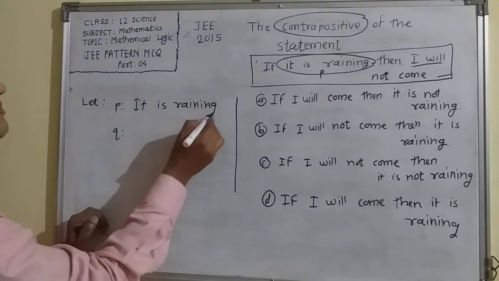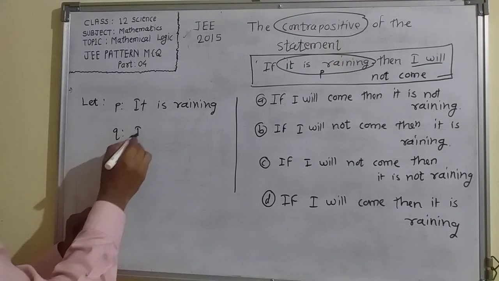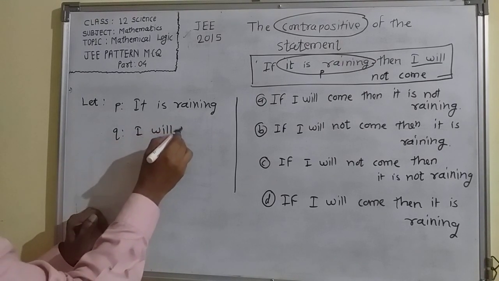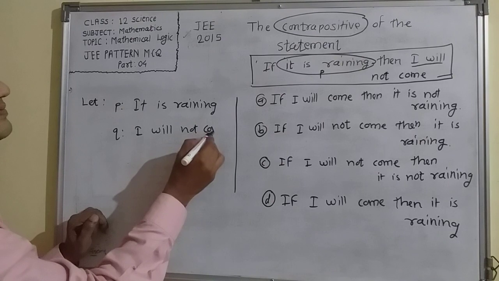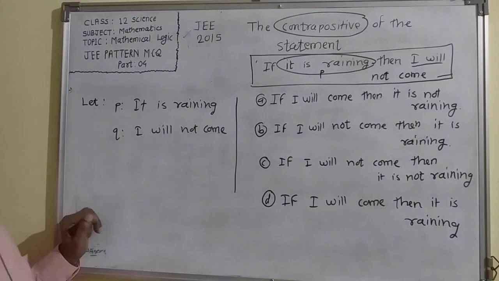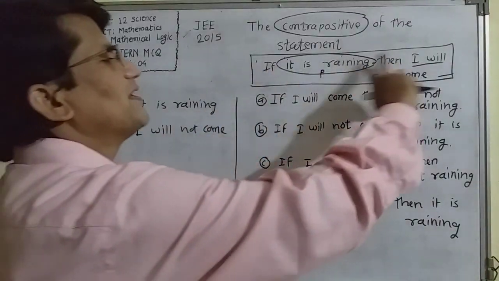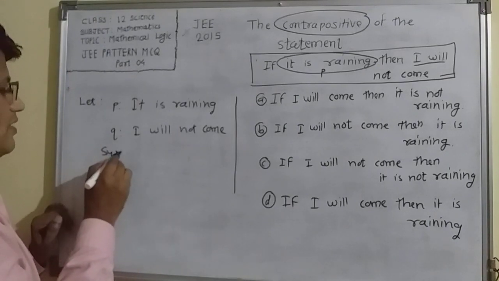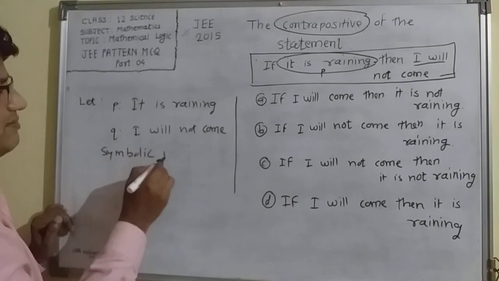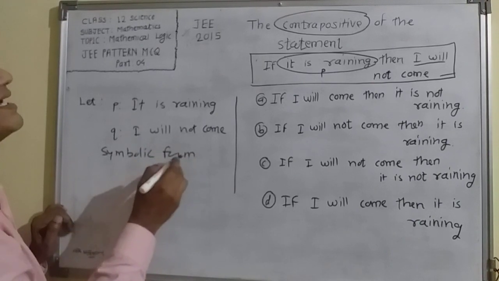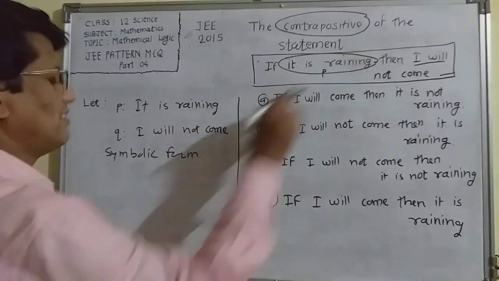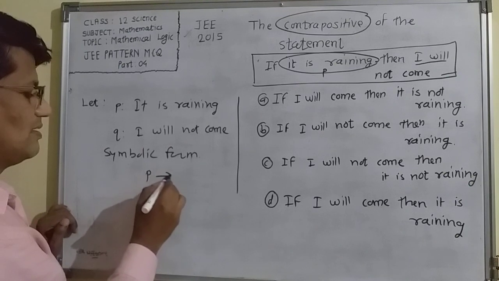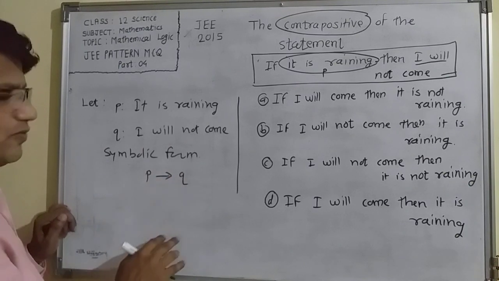This is our P. What will be Q? I will not come. Okay, this is in verbal form. Try to convert it into symbolic form. The symbolic form of the given statement, with if then, is P implies Q.